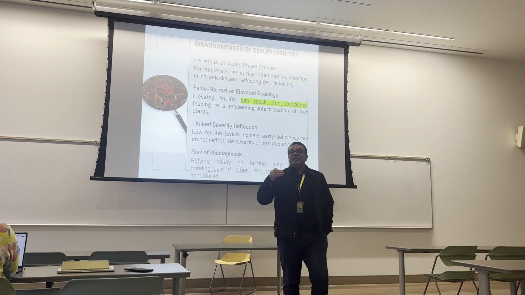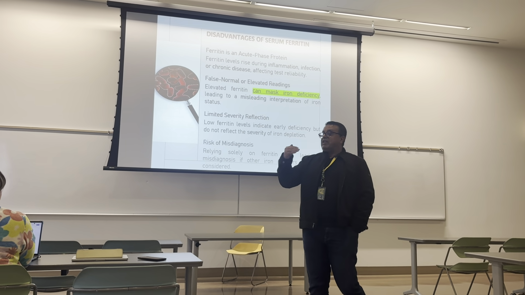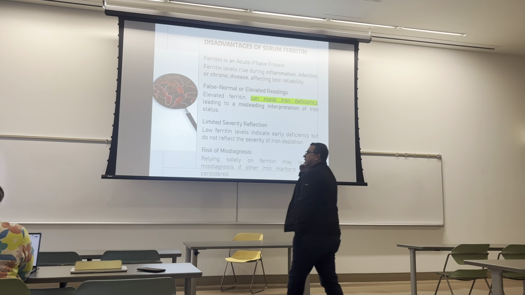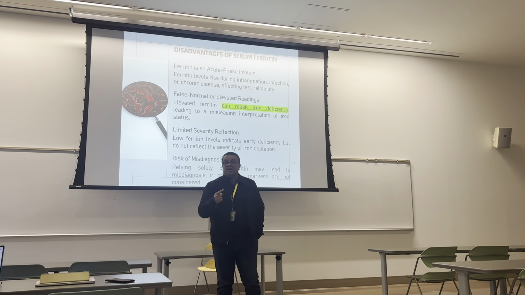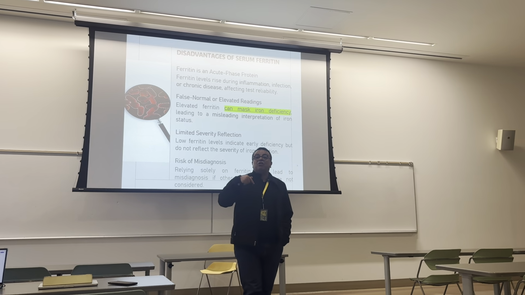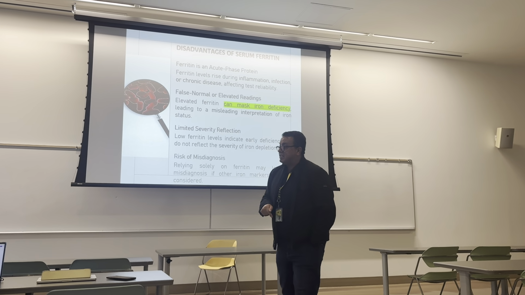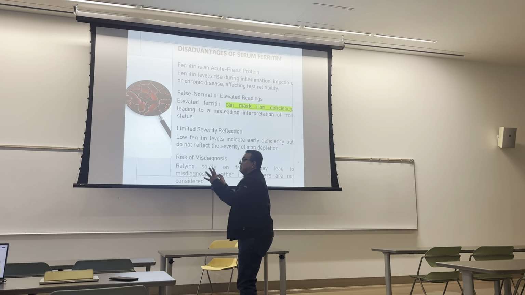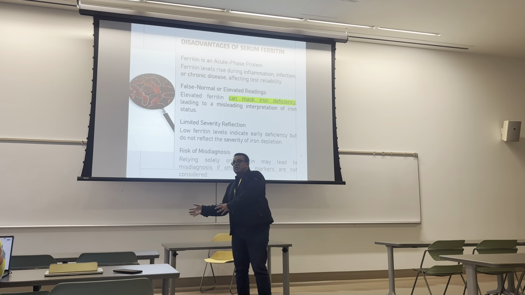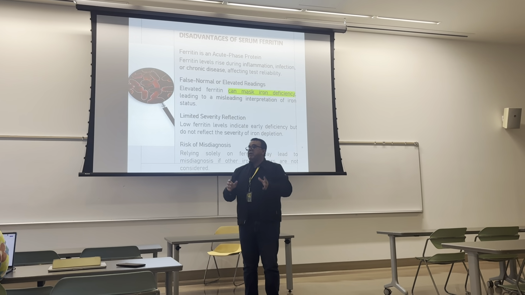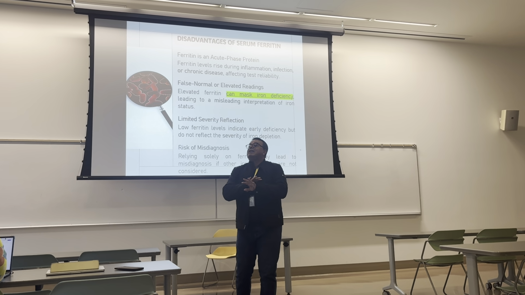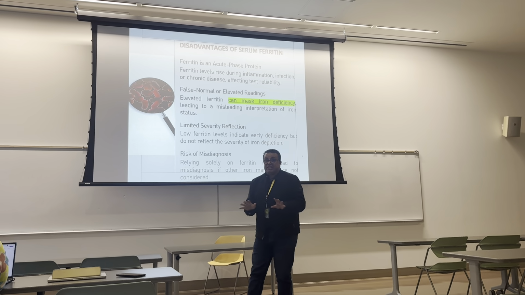And when the ferritin level increases in the case of inflammation, it masks the deficiency of the iron if it exists. So the correlation between the iron stored in the body and the ferritin reading in the case of inflammation, infection, and a chronic disease does not exist.